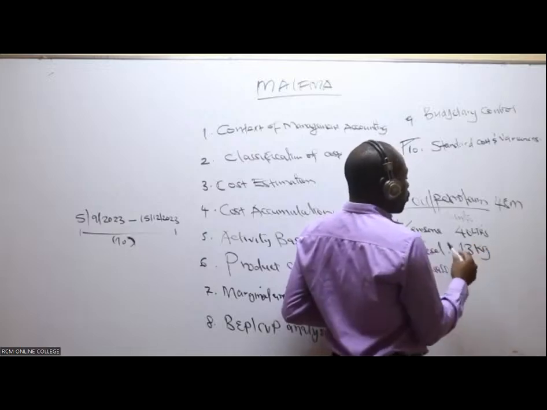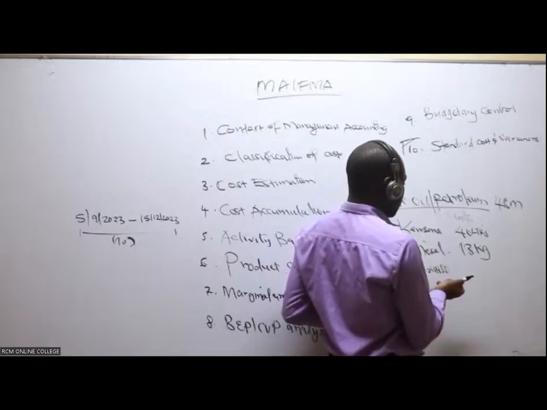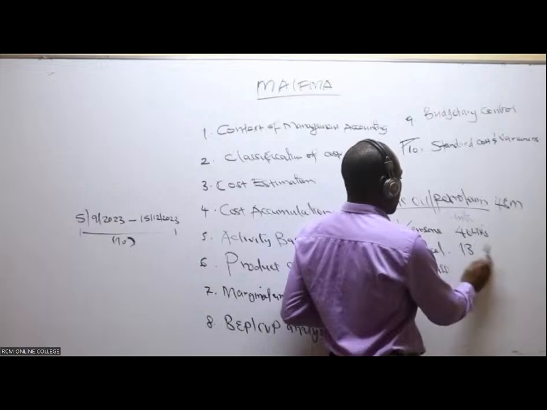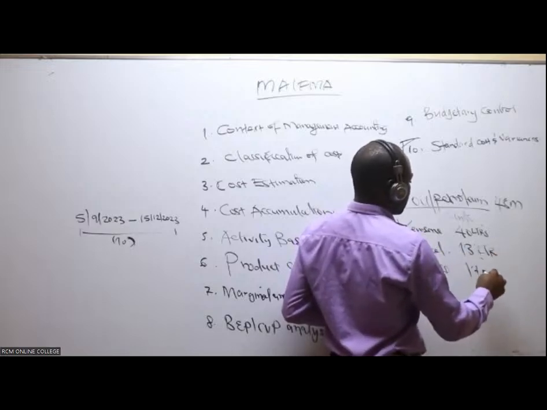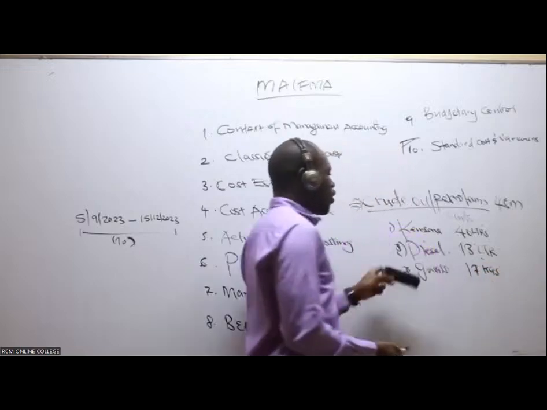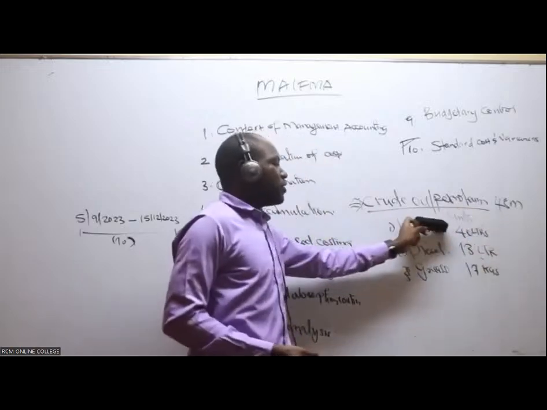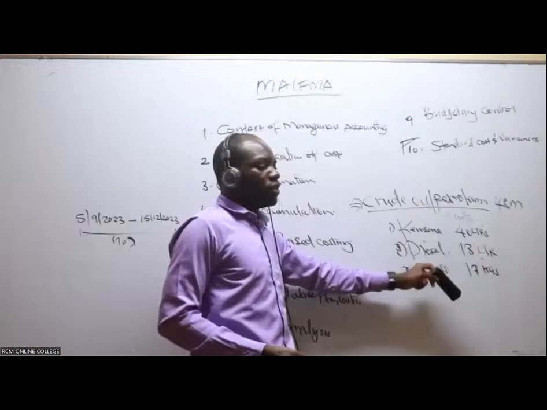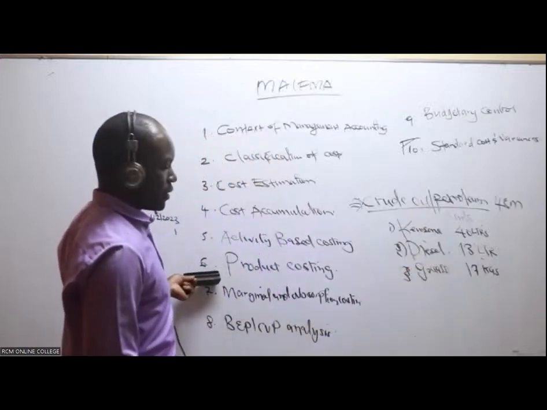Again, now we have different measure units. Sorry, this one here is liters. Then grease now is what I have as 17 kgs. How will I now share this cost amongst these products when they have different quantities and even different units of measure? We will understand that when we get to topic number 6.